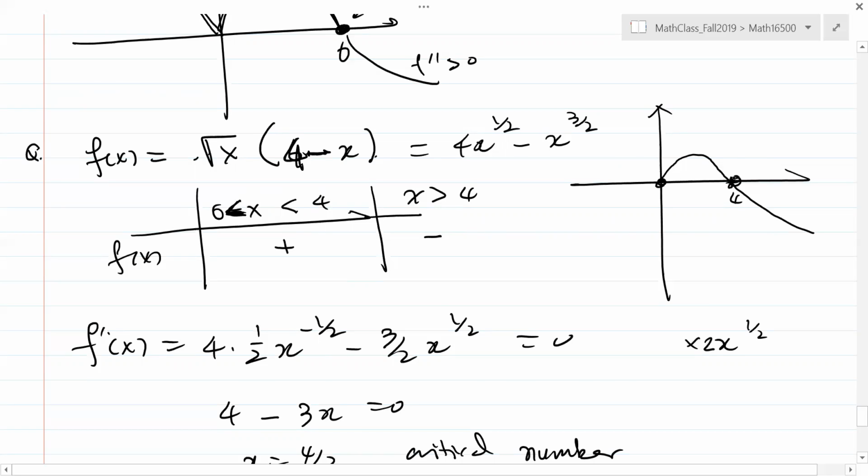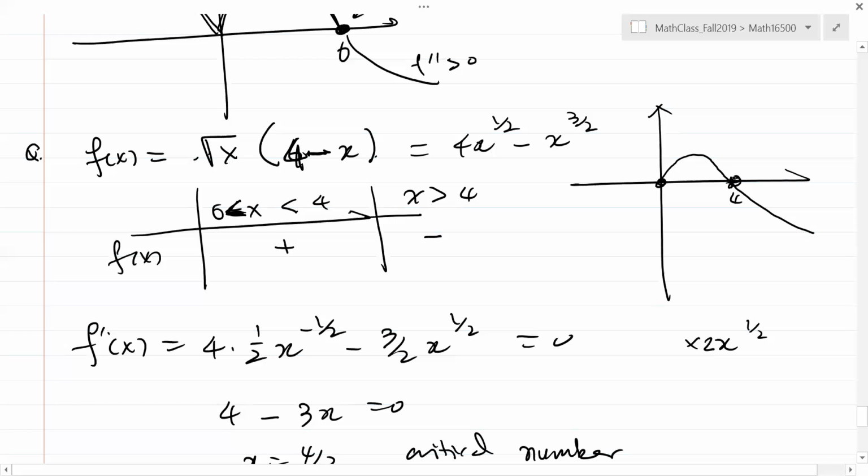If we look at the graph, the function must have a local maximum value somewhere between 0 and 4. Then you go ahead to find the derivative and solve the equation. Now, if you don't get a number between 0 and 4, something's wrong in your computation. So this helps you avoid making mistakes if you know the graph ahead of time.